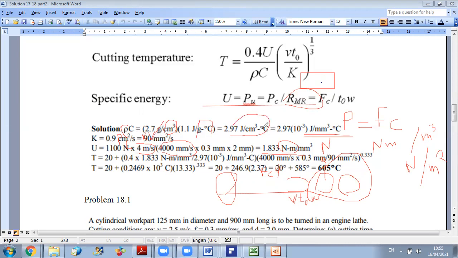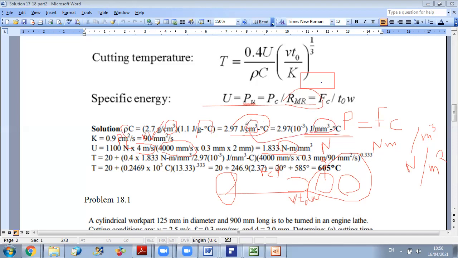Now, in case you found U in Newton per meter square, then here you have to convert to meter. In case you found U in Newton meter per millimeter cube, then you will convert from centimeter cube to millimeter cube. Since they got U in Newton meter per millimeter cube, I want for the density to convert from centimeter cube to millimeter cube.